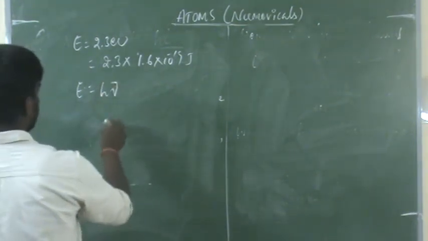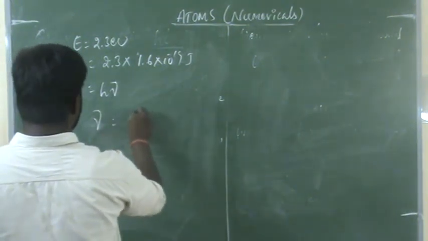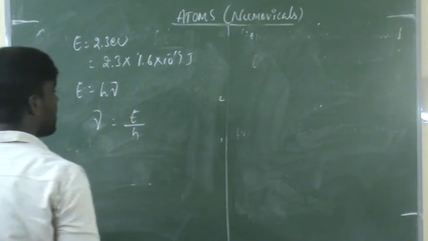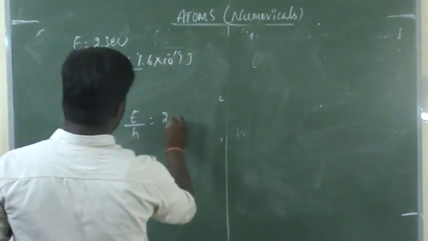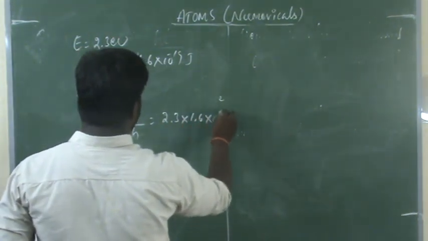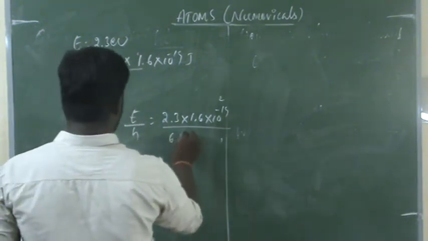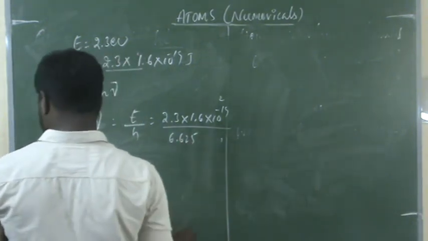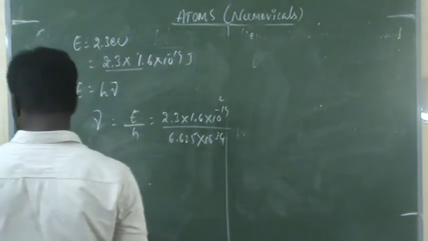So nu equals E by h, that is 2.3 into 1.6 into 10 to the power of minus 19 divided by h, which is 6.625 into 10 to the power of minus 34.